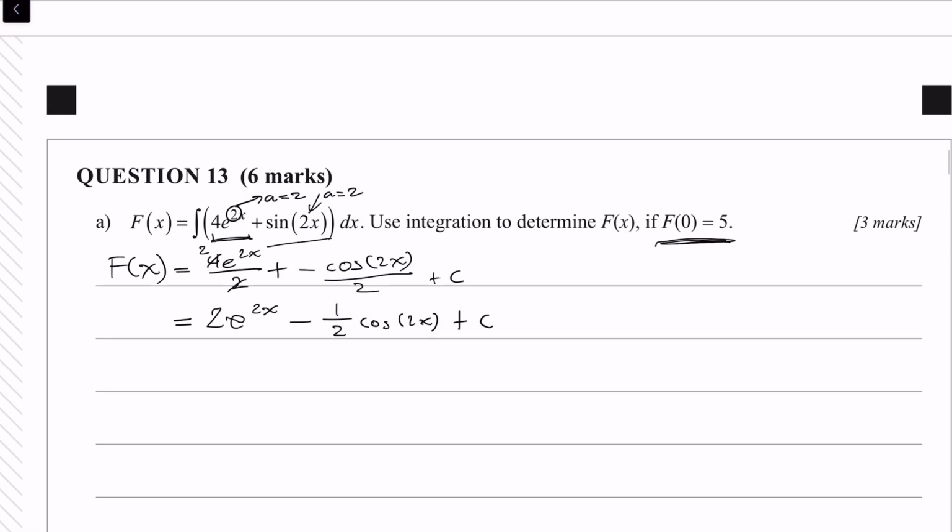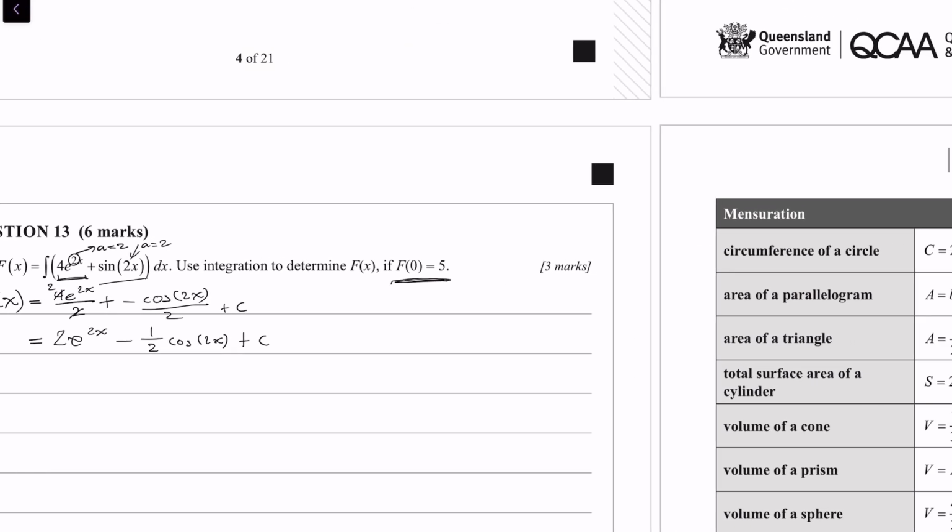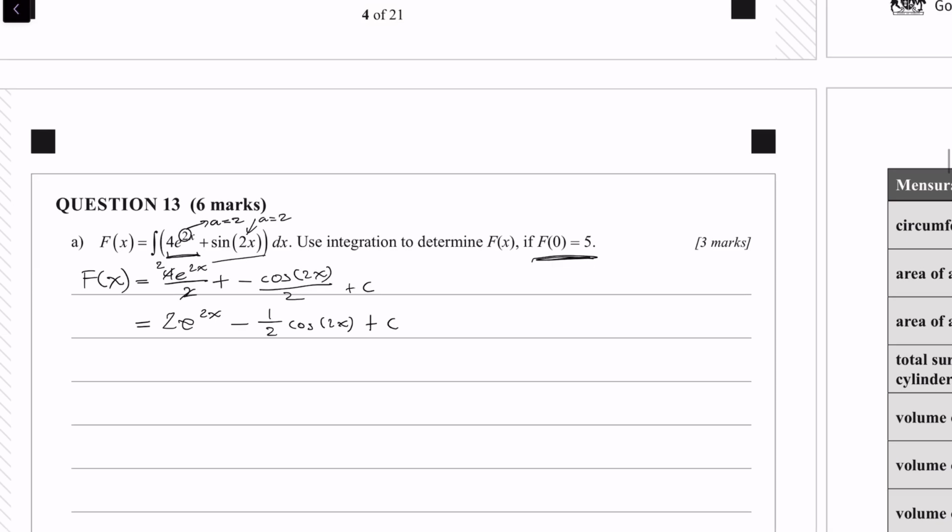Remember your plus c. With this 3-mark question, given that there's 2 parts to it, you get marks for integrating the exponential term, and then a mark for integrating the trigonometric term.